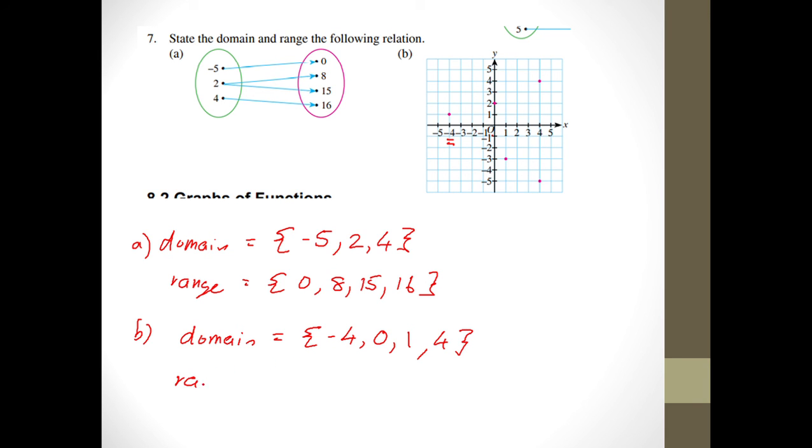And the range for this answer: range means we read from the y-axis, which means the image. You have 1, 2, -3, -5, and 4.